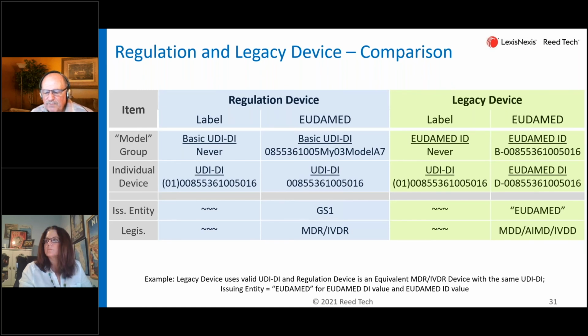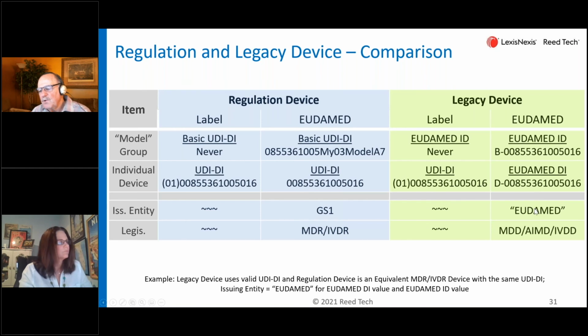I added a couple more bits of information here. When you report these records into UDI for registration purposes, the issuing entity in this particular example will be either GS1 as shown, or it could be HIBCC, ICCBBA, or IFA. And the legislation field is going to be either the medical device regulation or the IVD regulation.